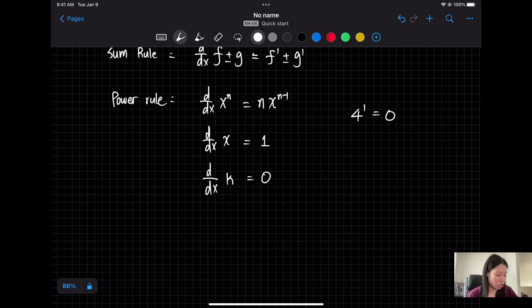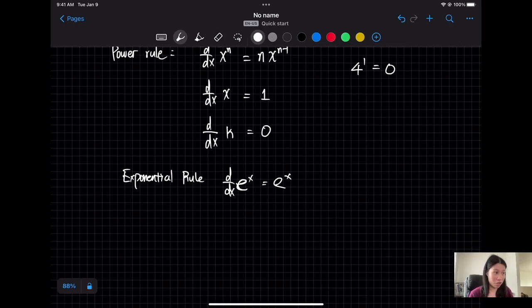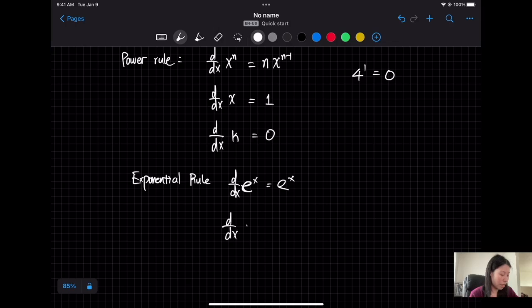And then there are some exponential rules. The derivative of e to the x is going to equal itself. And then the derivative of a to the x is equal to ln of a, the natural log of a, times a to the x.